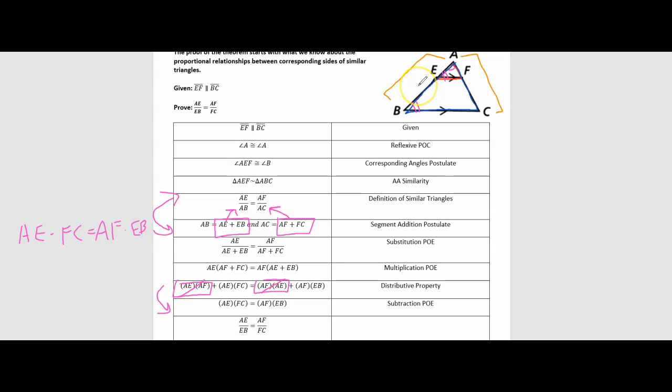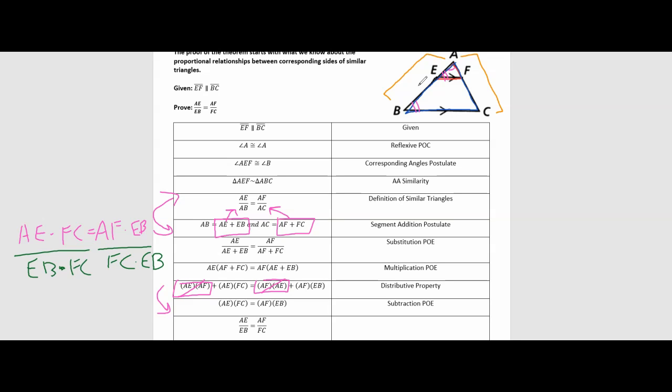And then if we look at the next line, we have an EB in our left denominator and an FC in our right. So we're definitely dividing this side by EB and this side by FC, but we're actually dividing both sides by both of those.